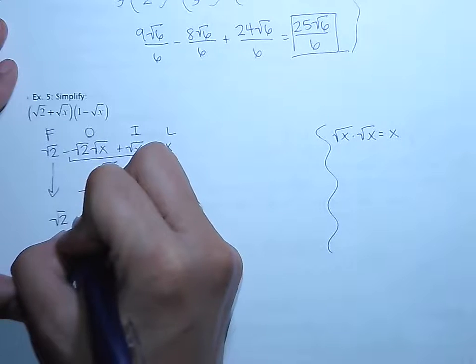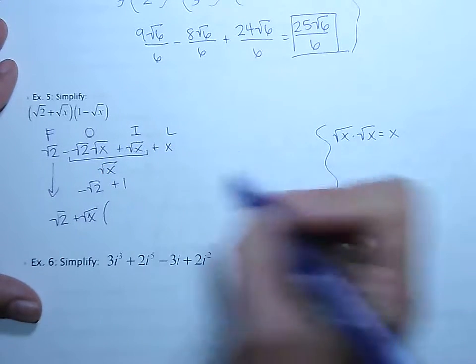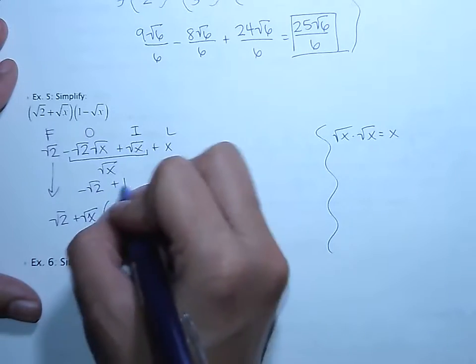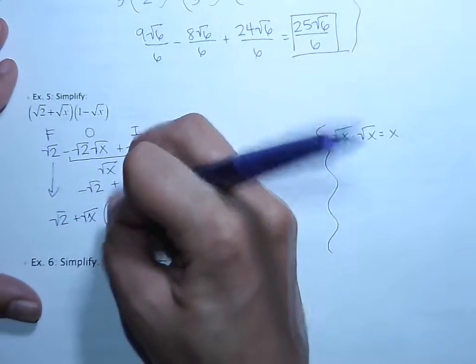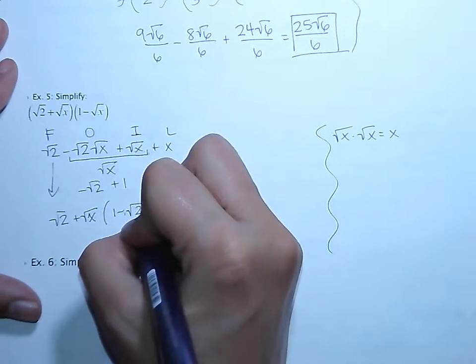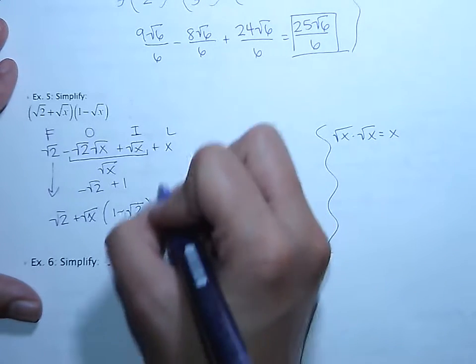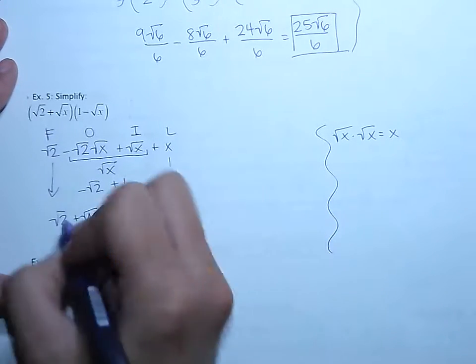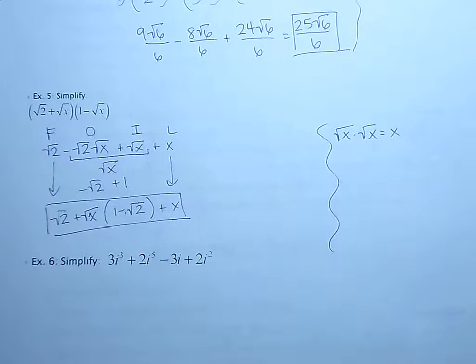I'm going to bring out my GCF. So the 1 stays positive and the root 2 stays negative. My GCF is here, and then plus x, that didn't change. This is our final answer.